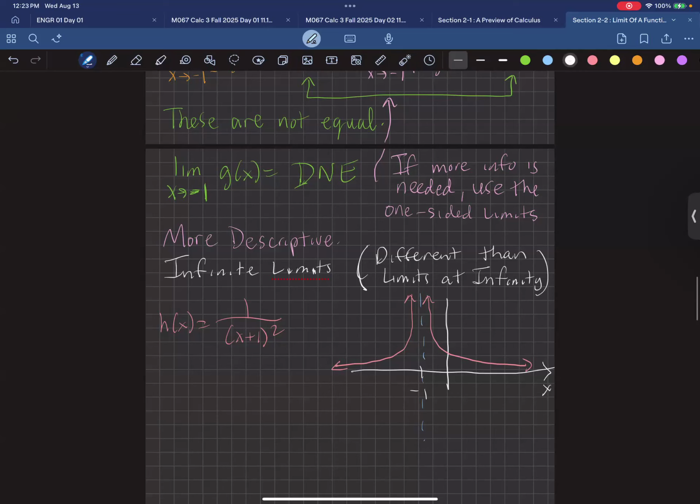This is x and this is y. Now if we look at the limit as x approaches -1 from the left on my h of x, what's happening is it's getting higher and higher, and the closer I get, it just keeps going up without bound.